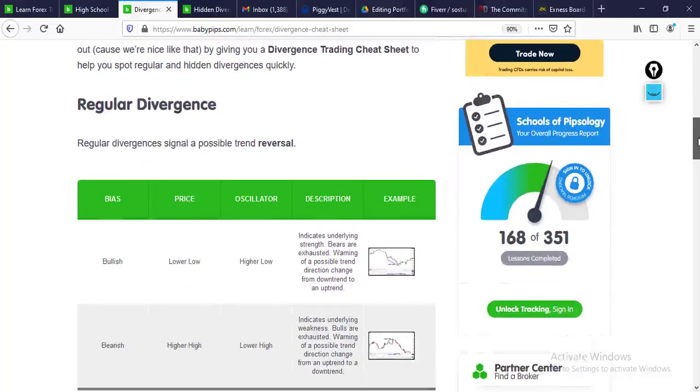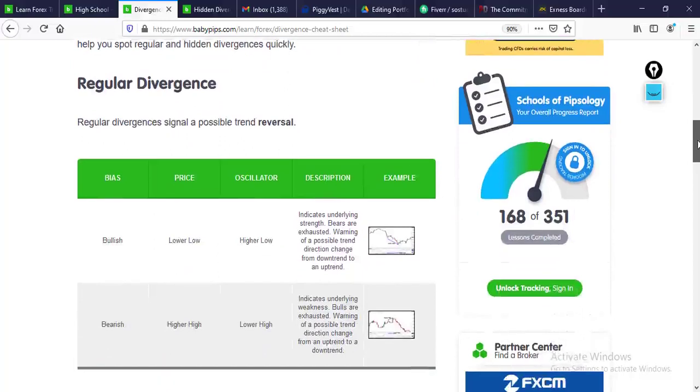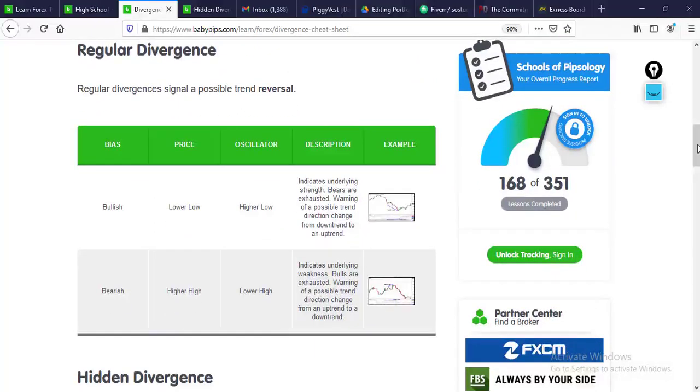So the regular divergence, here is the bias. If it's a bullish divergence, the price action will be making a lower low in a downtrend. However, the oscillator will be making a higher low, and that tells us that the momentum or the structure of the market is about to move from a downtrend to an uptrend.